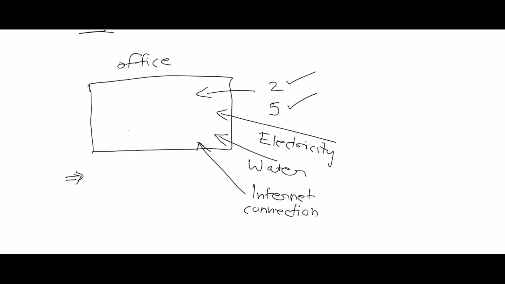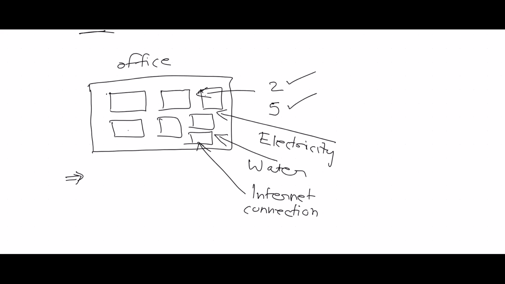After these things are available, then they need furniture, table and chair, where these 7 individuals can sit.